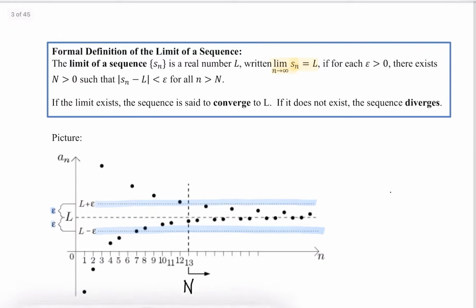So there exists some value, capital N, such that after N, all of the terms of the sequence fall within that little epsilon window, no matter how small an epsilon you take.